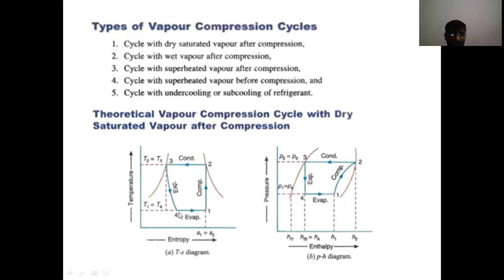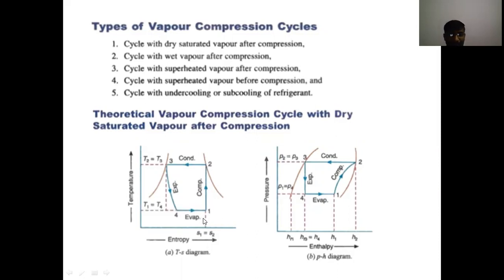After that, 3 to 4 is the expansion process in the throttle valve, during which the dry saturated liquid is converted into wet vapor due to friction. From the fourth state, the refrigerant enters the evaporator, in which at constant temperature and pressure, T1 equal to T4, by absorbing latent heat, some of the liquid particles are converted to vapor. Even after evaporation, the condition of the refrigerant is in the wet region itself.